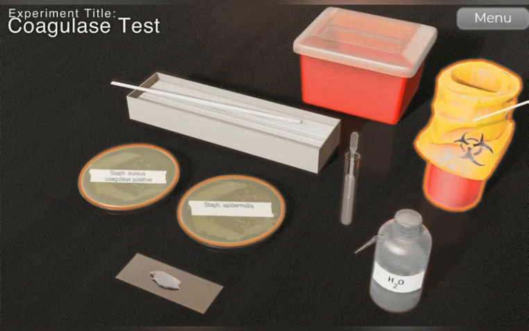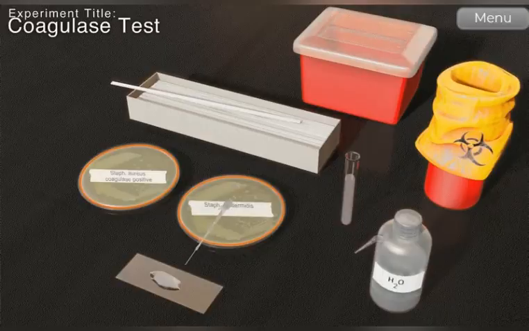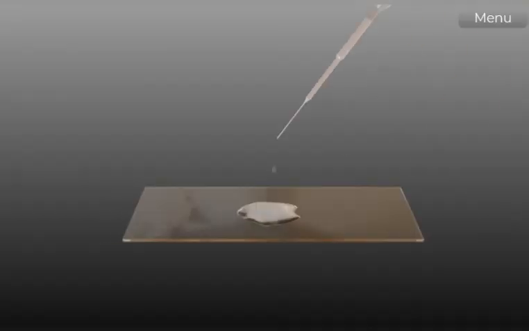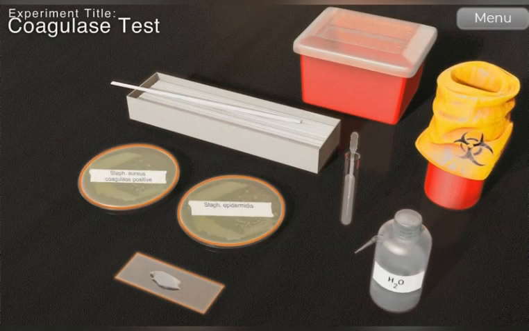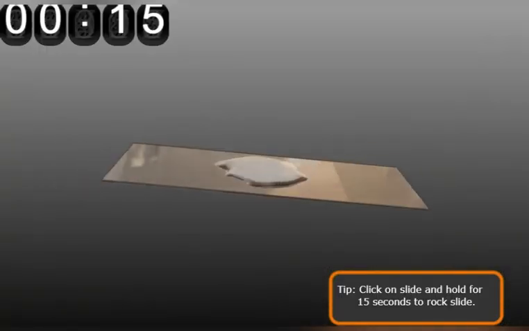Dispose the stick into the waste container and add 1 or 2 drops of rabbit plasma on the slide. And then rock the slide for 15 seconds.